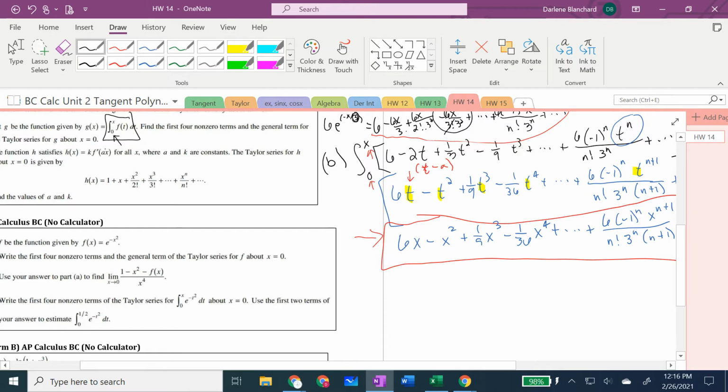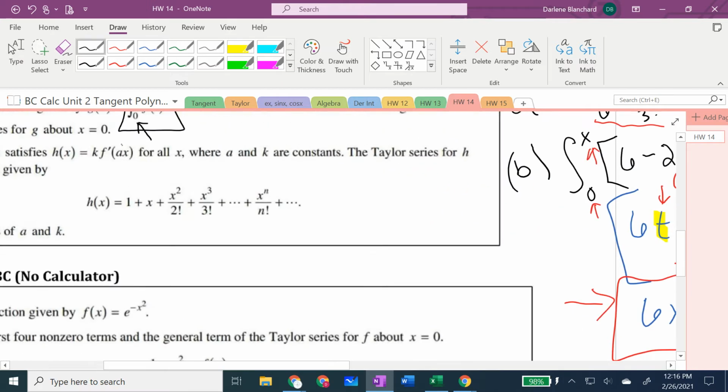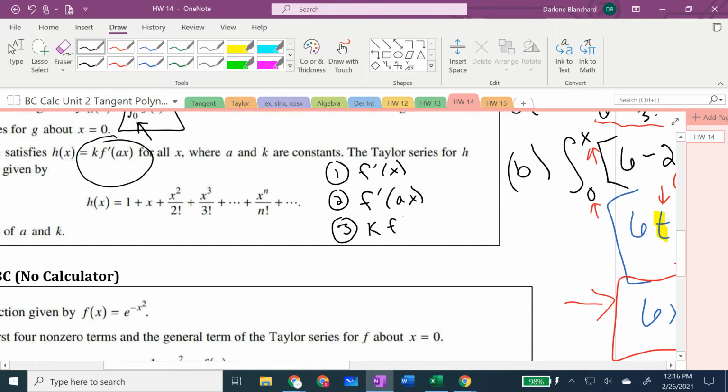But I'm starting with, in order to find k times f prime of ax, I need to first find the derivative of f of x. Then I can substitute in ax, and then I can multiply by constant k. However, steps 2 and 3 could be done in either order, but the derivative must be taken first.